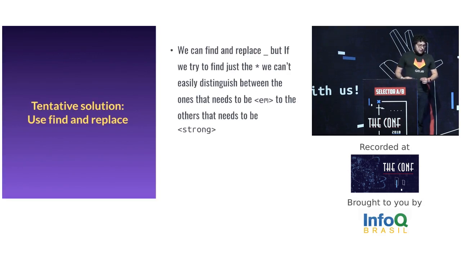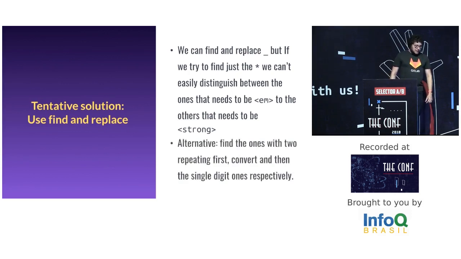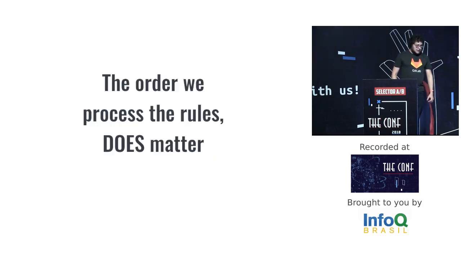As we saw in the previous example, replacing it was kind of easy, but we're still missing the closing tags, and the strong tag was not able to render because the order is actually important. So let's try to invert the order. And we saw that the order in which we process the rules does matter.